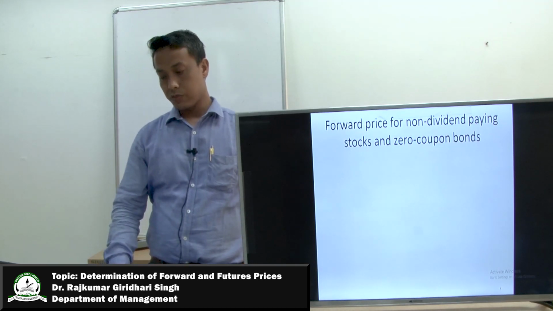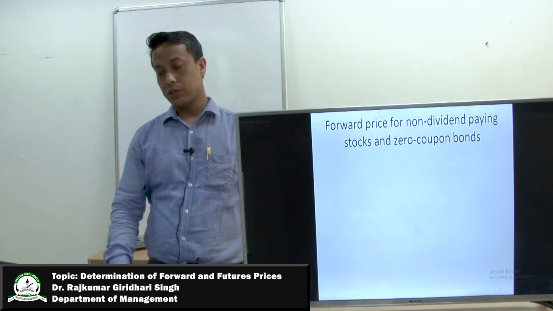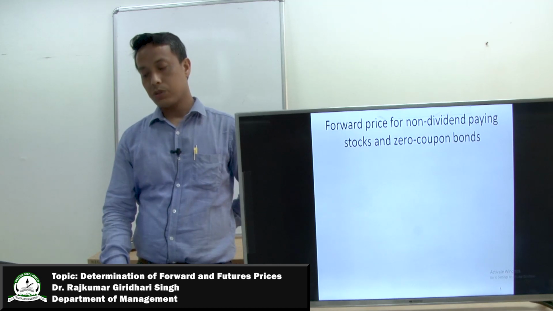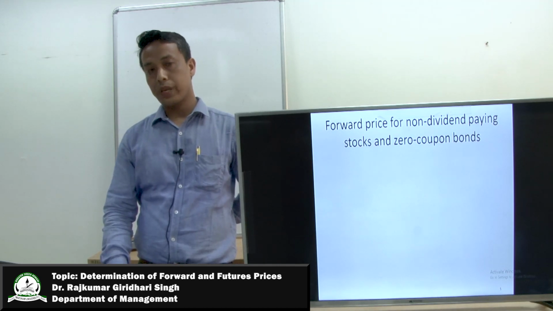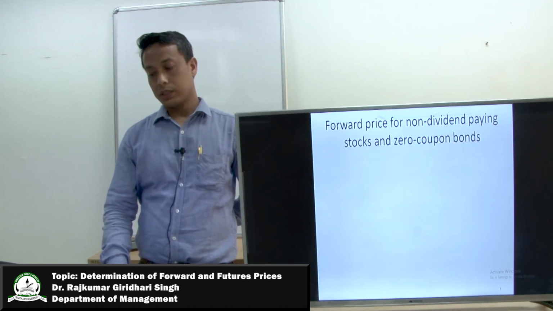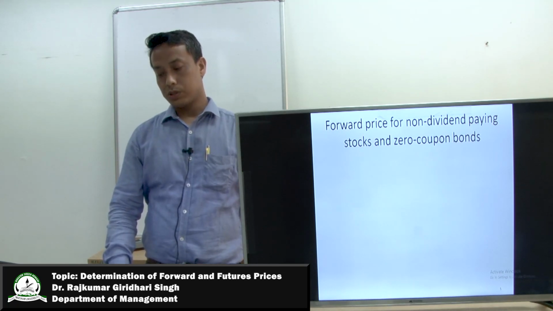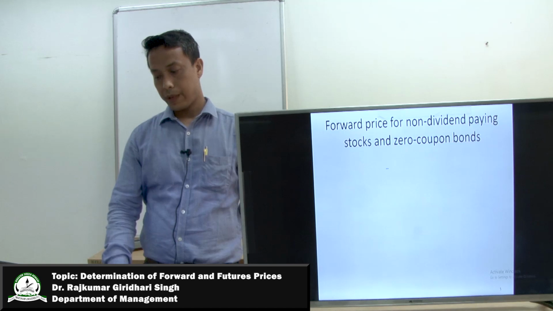We call them investment assets which are non-dividend paying stocks, or a zero coupon bond. There are very many types of bonds, but a zero coupon bond is one where we do not pay annual interest. This is also called a deep discount bond.